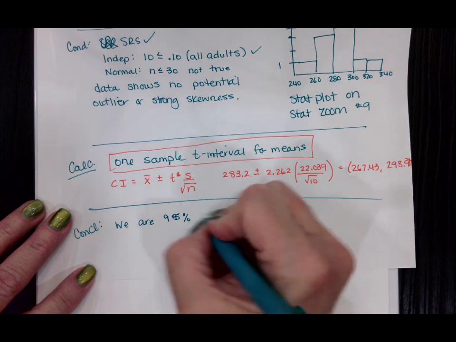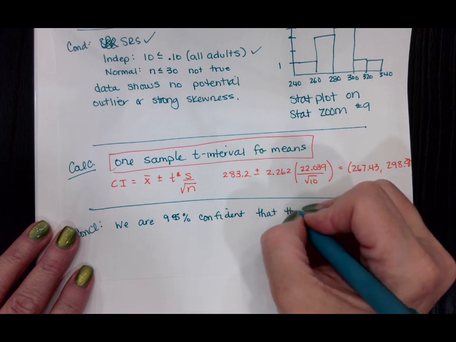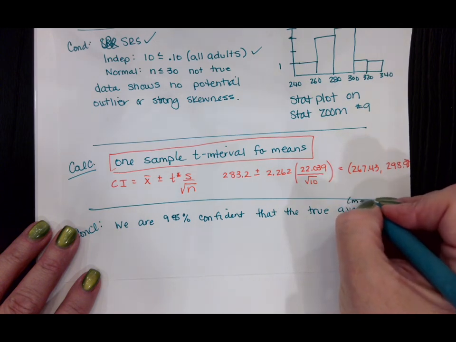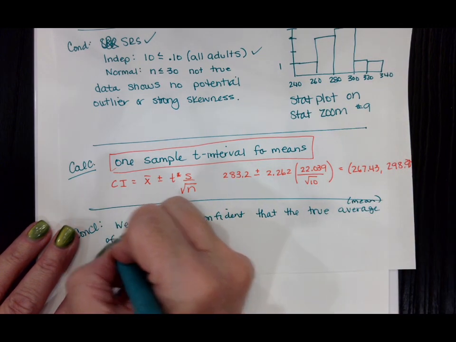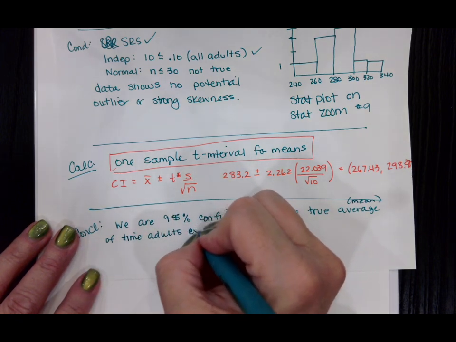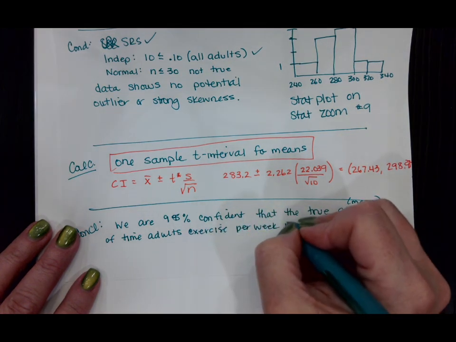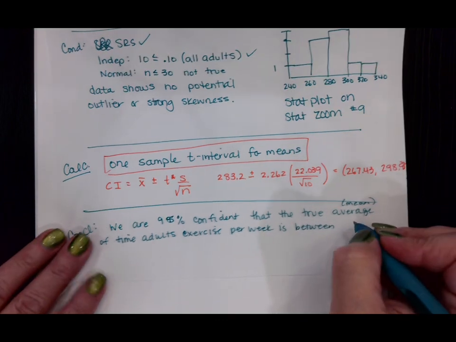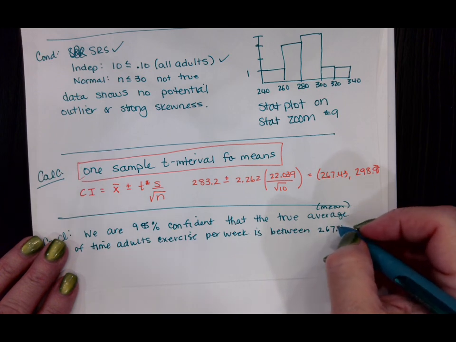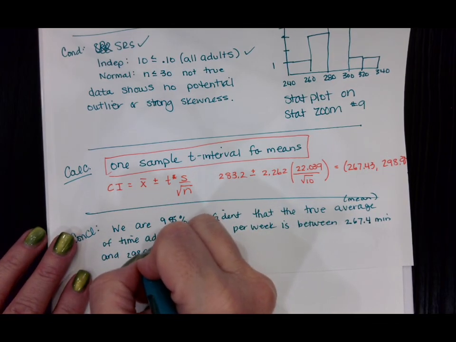We are 95% confident that the true average, or you can say the true mean, of time adults exercise per week is between 267.4 minutes and 298.97 minutes.